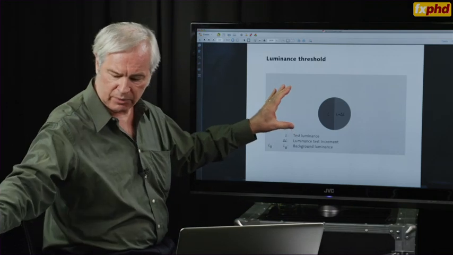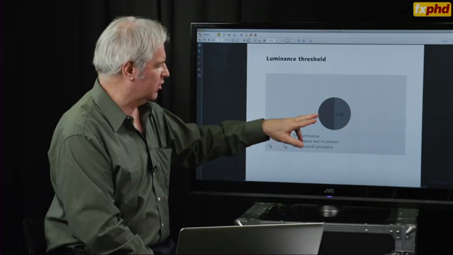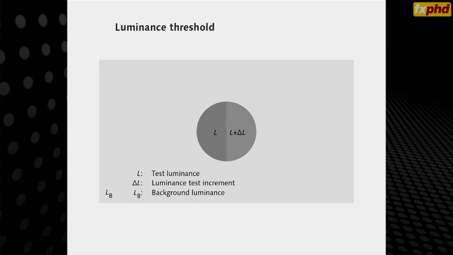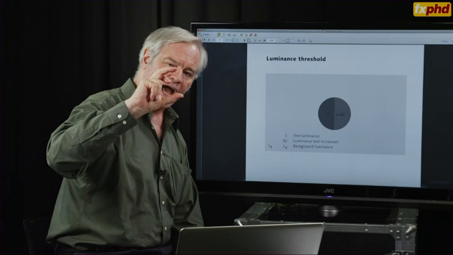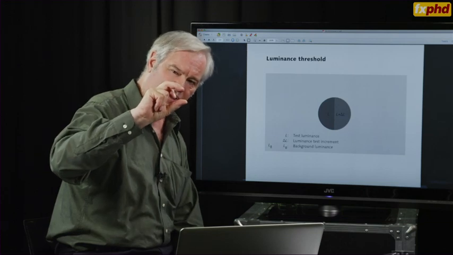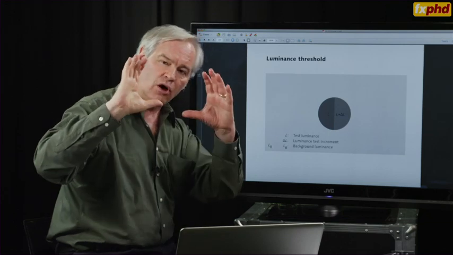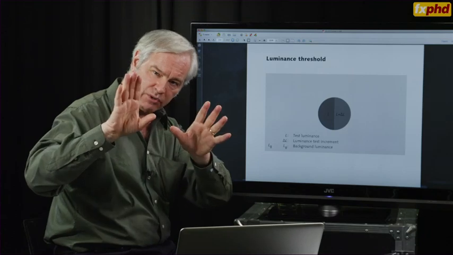Doesn't really matter what the background is here. What's important is we have a gray patch with luminance L and a gray patch with a slightly higher luminance L plus delta L. And the experiment that you run on the human observers is you try to figure out how small can I make that delta L so that those two disks are visually the same.